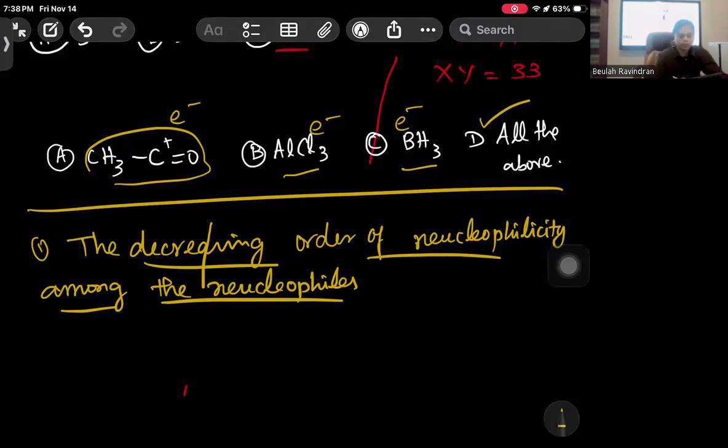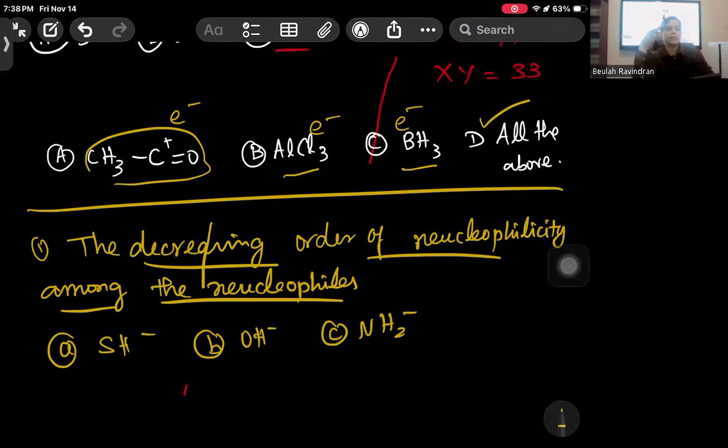A is SH minus, B is OH minus, and C is NH2 minus. Which one has more reactivity? As I told you, in the periodic table from left to right the electronegativity increases, so the tendency of donating electrons decreases. Which one is the better nucleophile? You can find out.